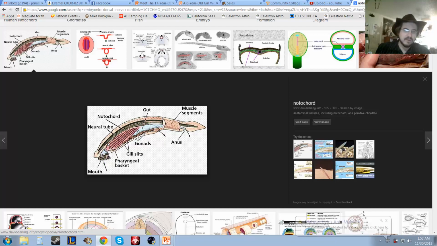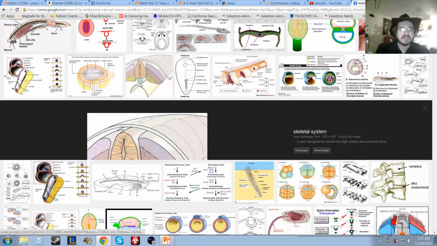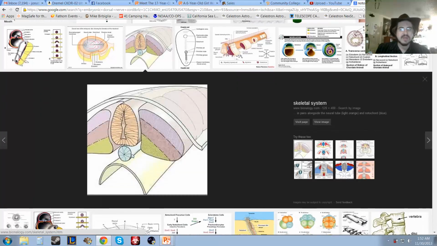Then the notochord is this segmented line along there. And then in us, the notochord becomes intervertebral disc. So here's another picture. This is half of the digestive system right here. This is the notochord, and this is the neural tube.